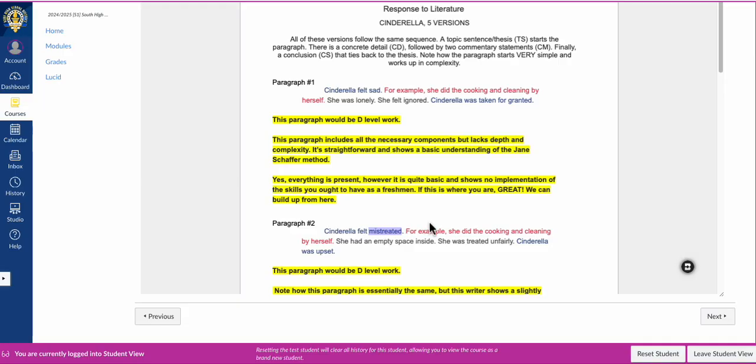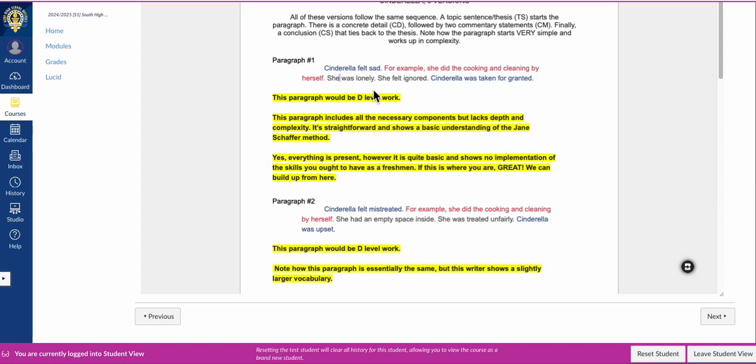For example, she did all the cooking and cleaning by herself. Now, that's the same we have here. She had an empty space inside. Okay, she was lonely. She had an empty space. She felt ignored. She was treated unfairly. These are all very simple. This one is slightly better than this. However, it is still very simple and not complex.